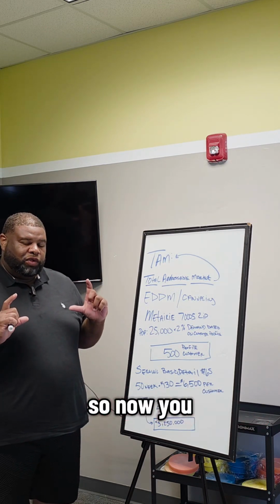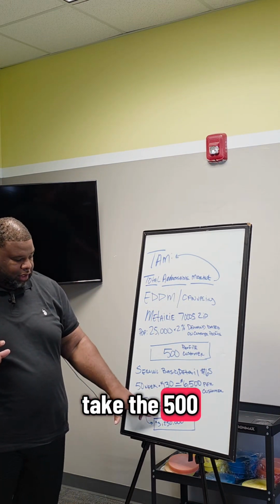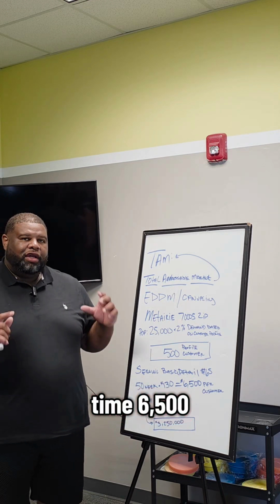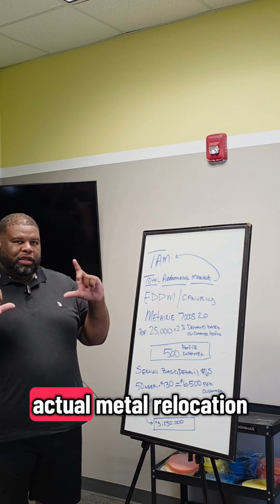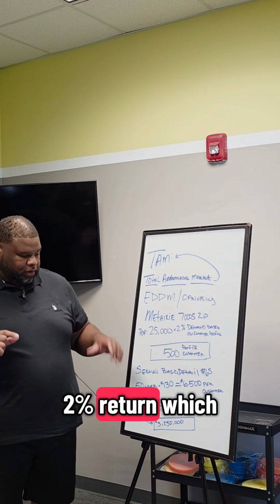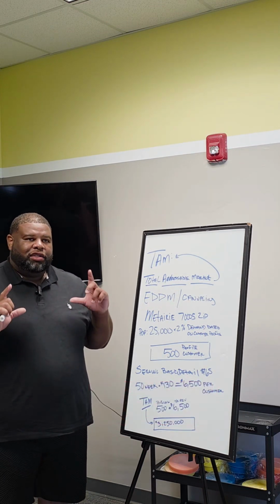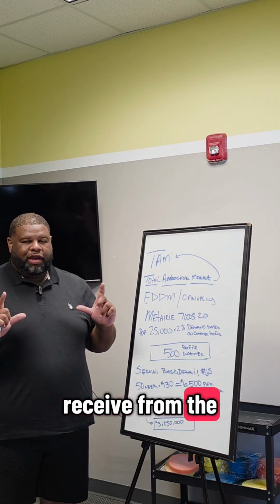So now, to find your TAM, you take the 500 and multiply it times 6,500. When you do that, you find the TAM of the actual Metairie location based upon a 2% return, which is $3,250,000. So that is your projected income that you're going to receive from the Metairie area.